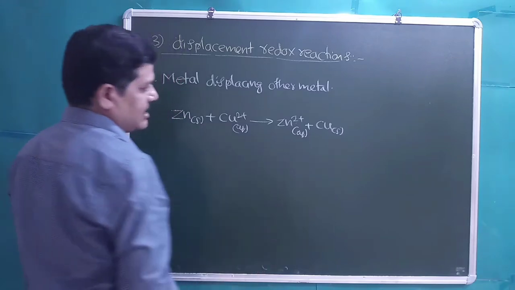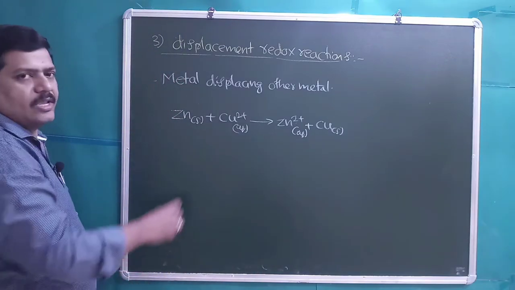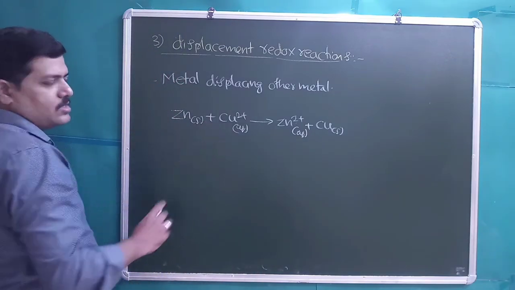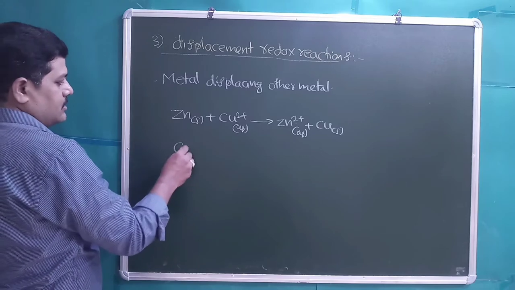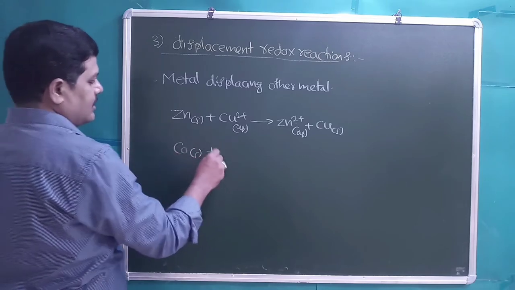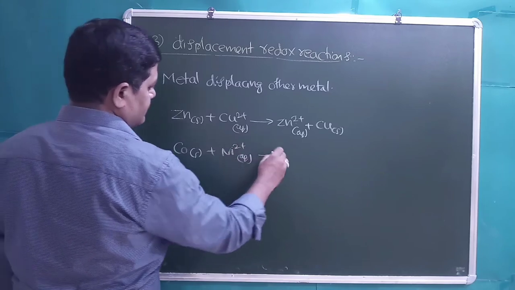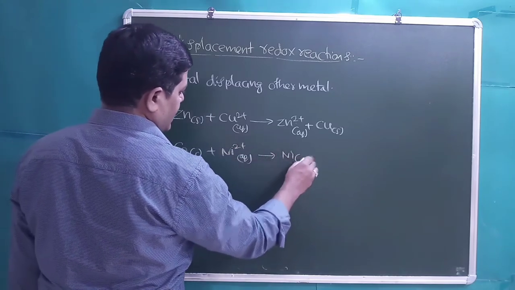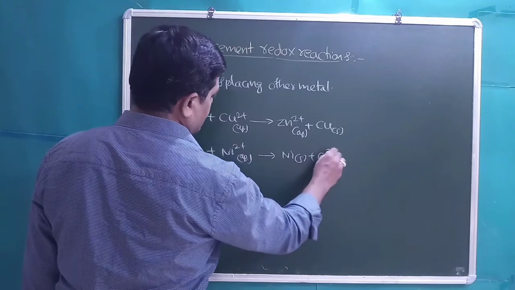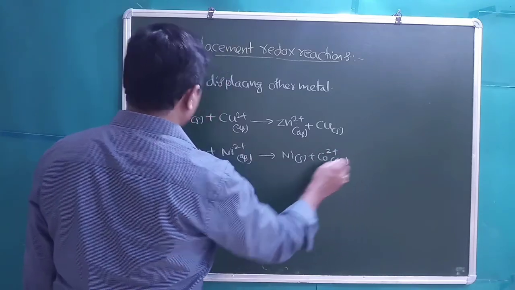A highly reactive metal can displace a low reactive metal from its salt solution, right? Similarly, Co can displace nickel from its salt solution, giving Ni solid plus Co2+ aqueous.